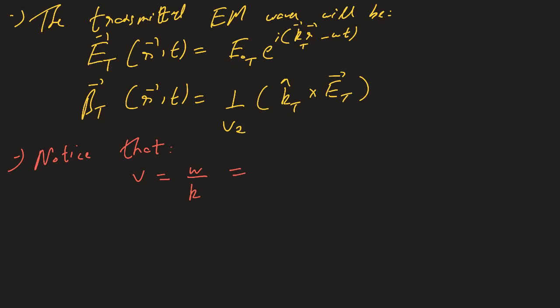Which is equal to 2 pi f over 2 pi by lambda, so that is f lambda, right? Now that just implies that omega is equal to kv, both in material 1 and in material 2, right?